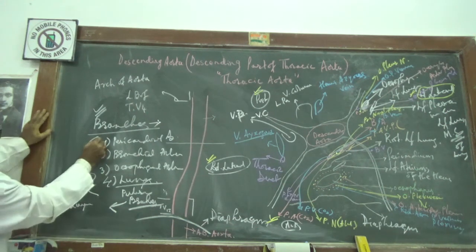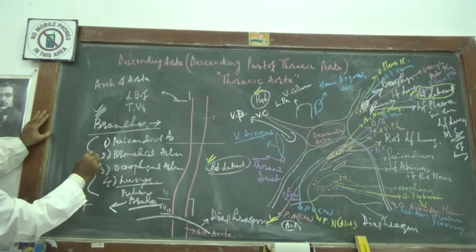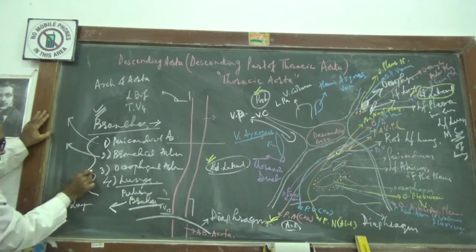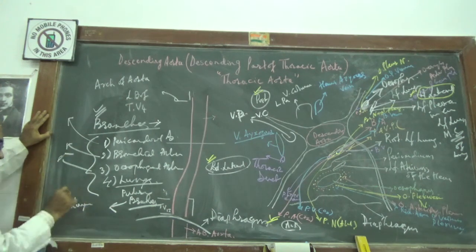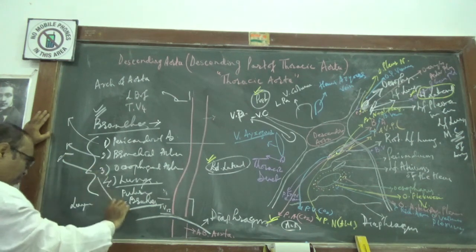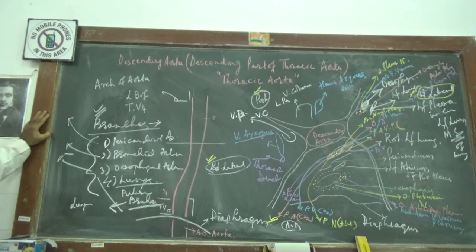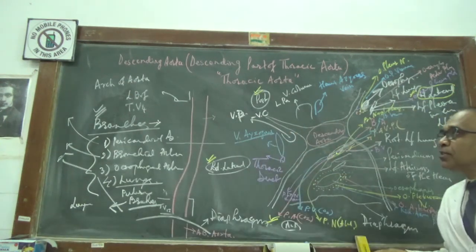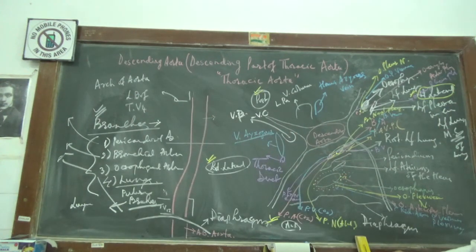The main mediastinal branches are these. But at the same time, it will send branches to the structures present on either side of the mediastinum, those are the lungs. So with this, the descending aorta has been finished.